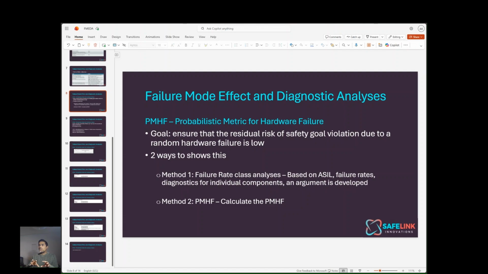And then we look at what the biggest components are that lead to failures. So for the rest of this video, we're going to talk about method 2, which is what the PMHF is and how to calculate it. We're not going to focus on method 1.